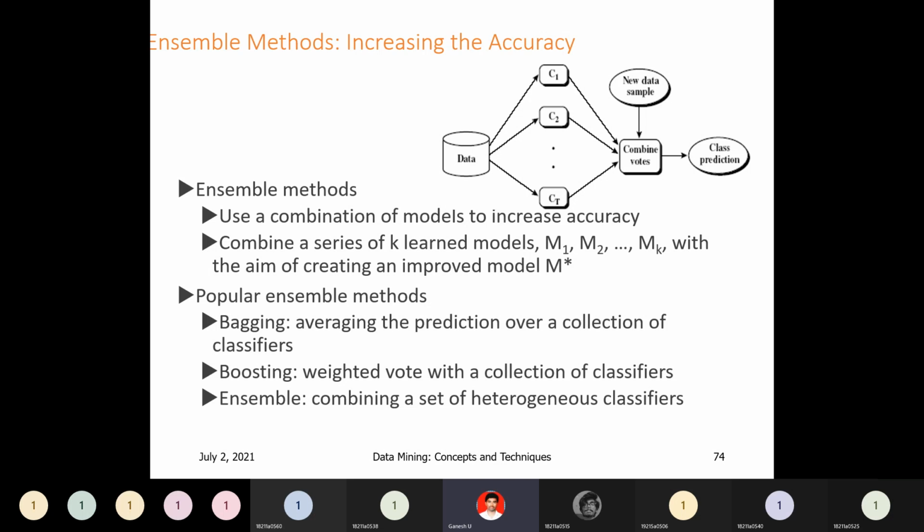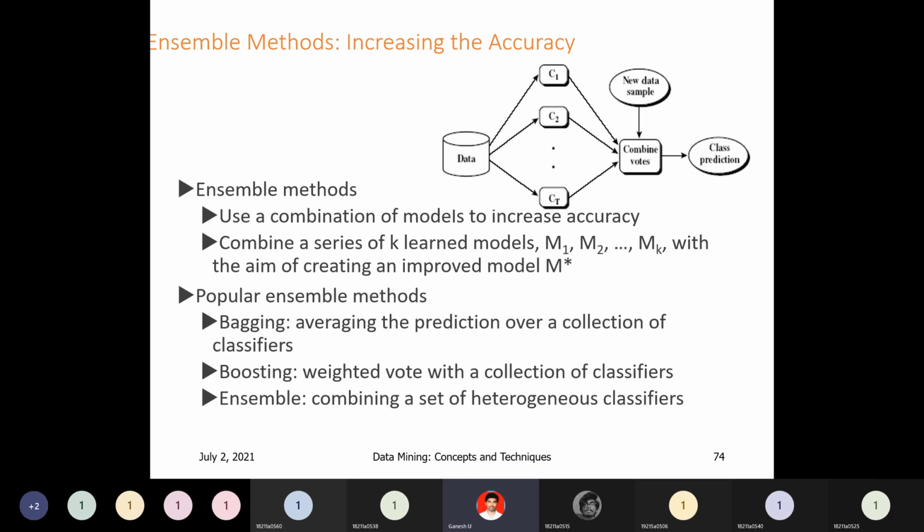That is the bagging method. The name itself indicates it: a bag is combining several results, taking the average, and based on that average you predict the value.